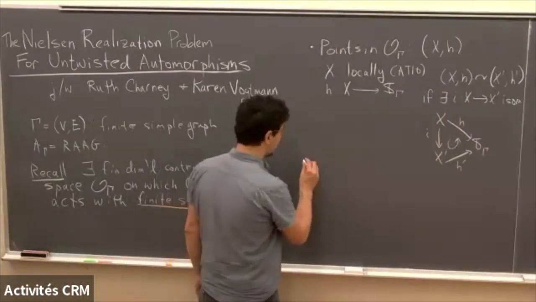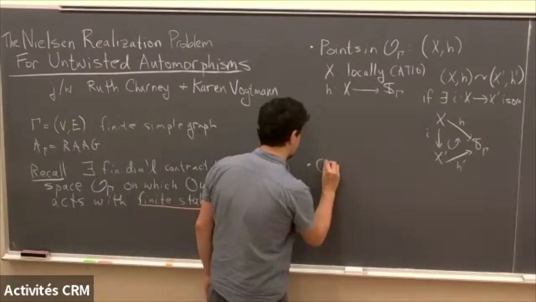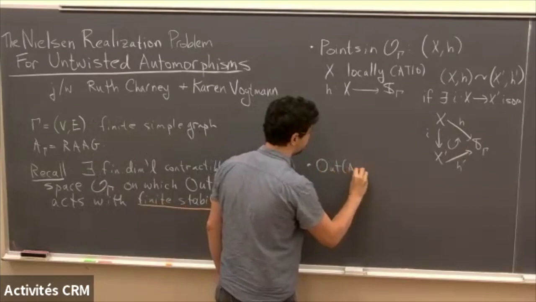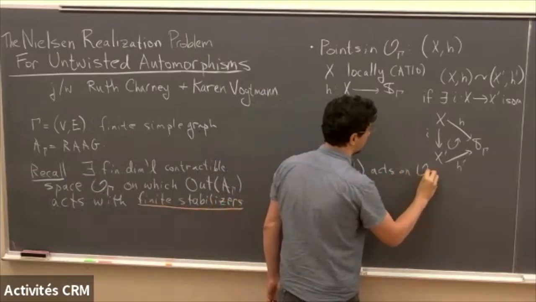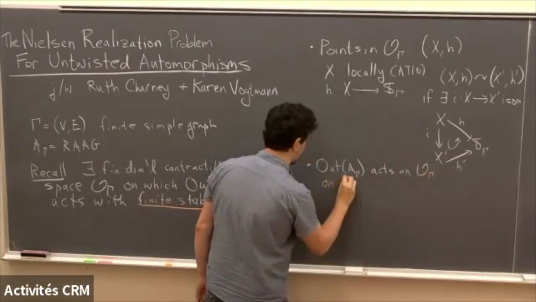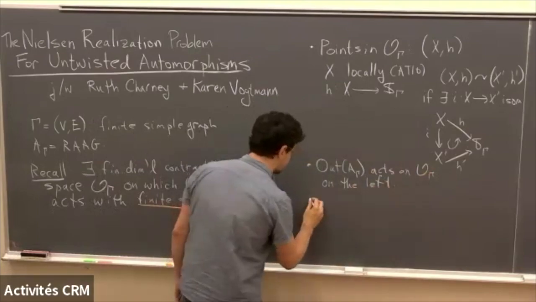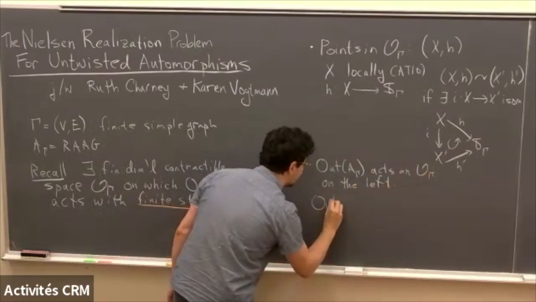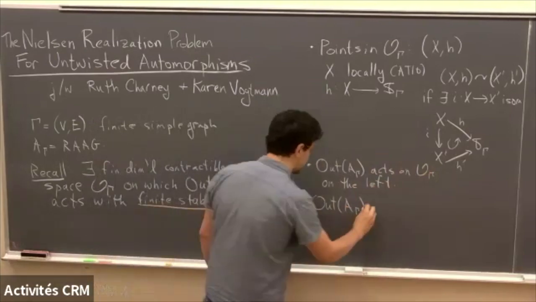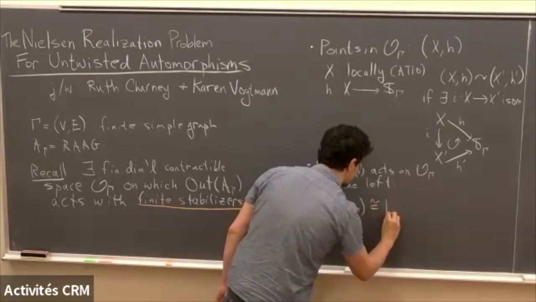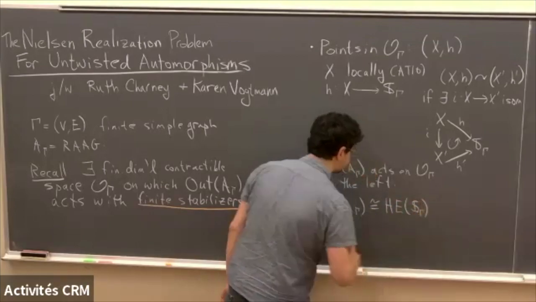So let me just recall also how Out(A gamma) acts on this space. So Out(A gamma) acts on O gamma on the left. And the way that works is you take Out(A gamma), and since the Salvetti is a K(A gamma, 1), you can identify this with the group of self-homotopy equivalences of the Salvetti.